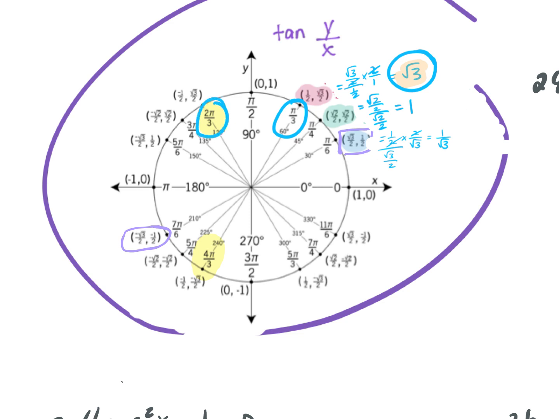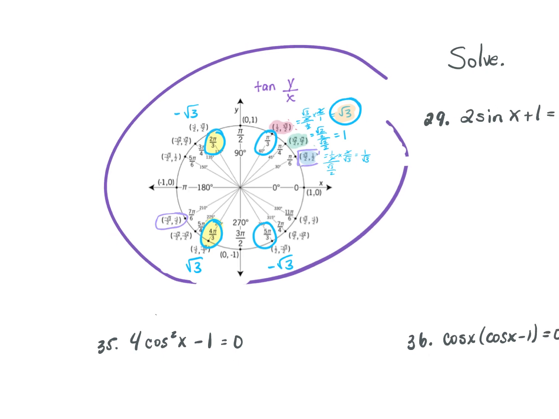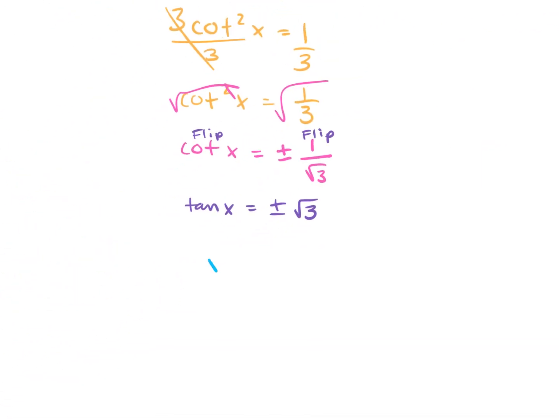Where else? 4 pi over 3 and 5 pi over 3. Awesome. All the ones that have the 3 in the denominator, because this would give us negative square root 3. Down here we'd have positive square root 3, and then on the fourth quadrant we'd have negative square root 3. So pi over 3, 2 pi over 3, 4 pi over 3, and 5 pi over 3. X is equal to pi over 3, 2 pi over 3, 4 pi over 3, and 5 pi over 3.